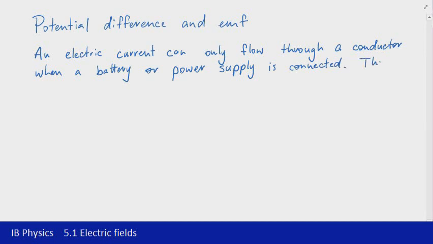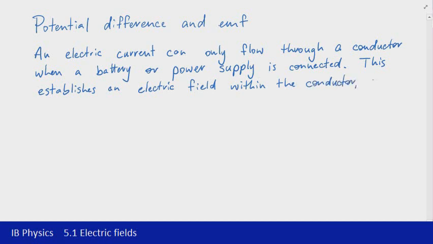Now, the reason why we see an electric current start to flow is because this establishes an electric field in the conductor itself. So with the electric field inside the conductor, and we saw a diagram of that in the previous video, it means that there is a force that's going to act on the charges within the conductor and cause them to move.